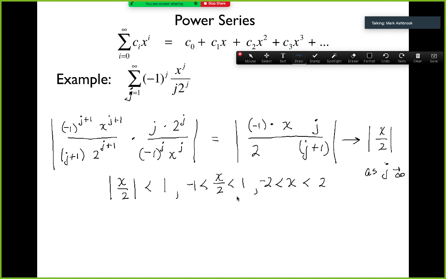And then we have to check the endpoints. So we check x equals 2 and x equals -2. Let's do x equals +2 first. When x equals +2, we get the series (-1)^j times 2^j over j times 2^j.